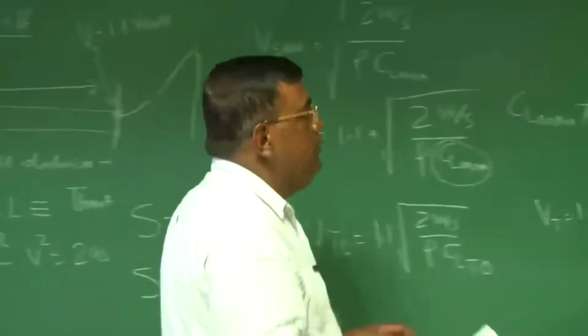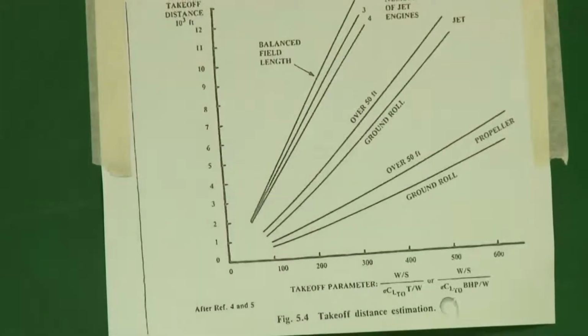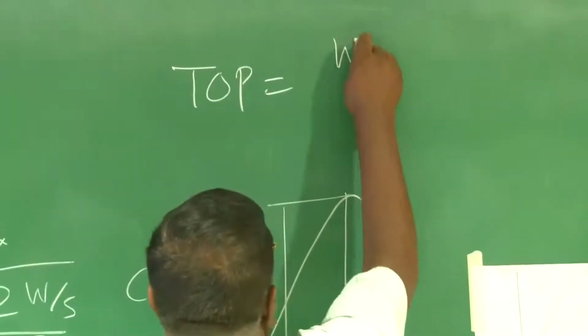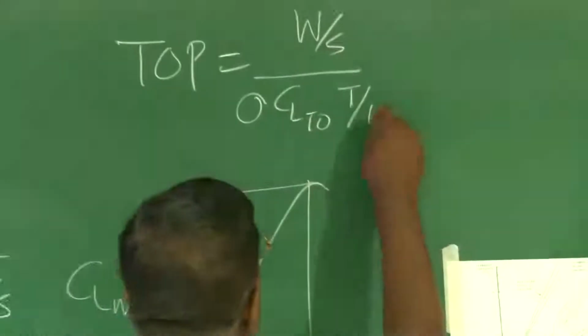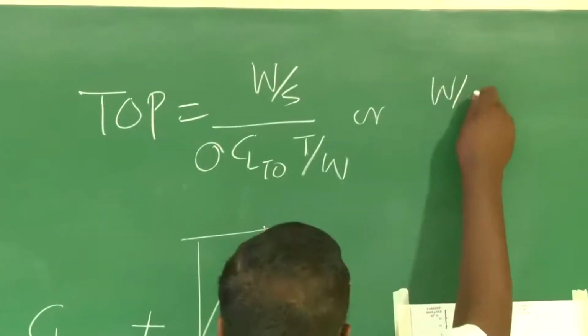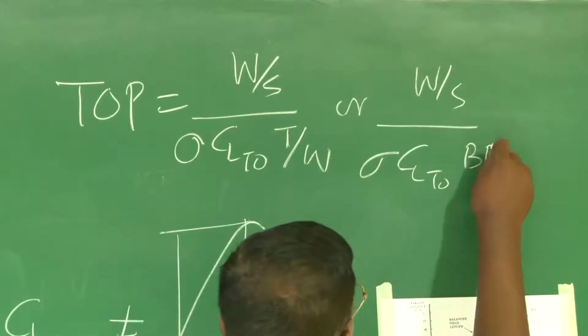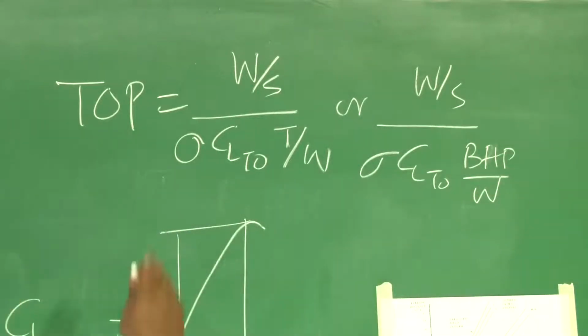If you see here, I am referring to Raymer's book, the x-axis is the takeoff parameter, where the takeoff parameter TOP is defined as W by S by sigma CL takeoff into T by W, or it is W by S by sigma CL takeoff into BHP by W. In a similar form, only in this we have seen there is a rho.